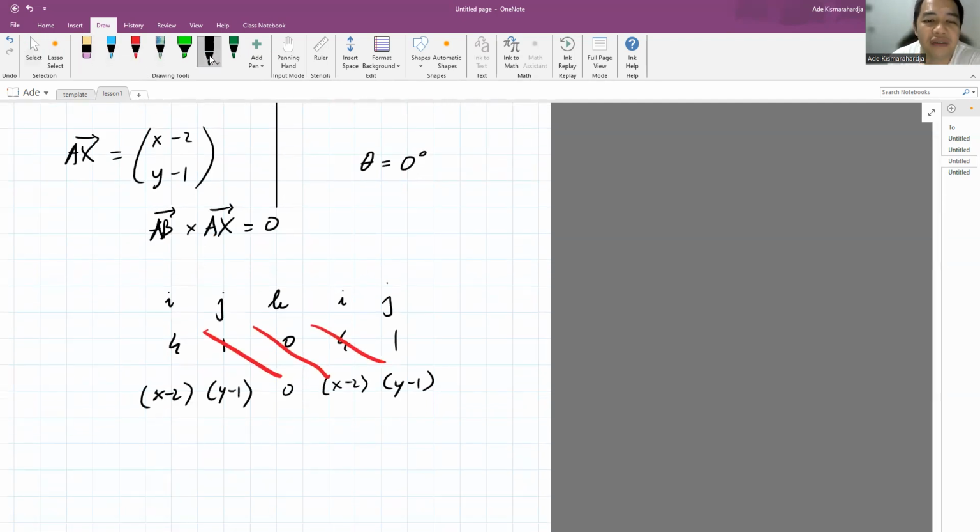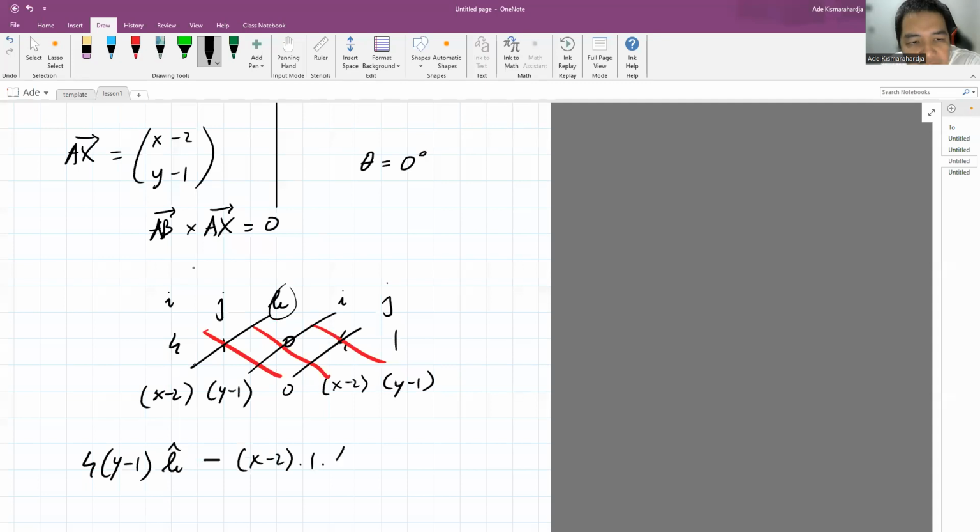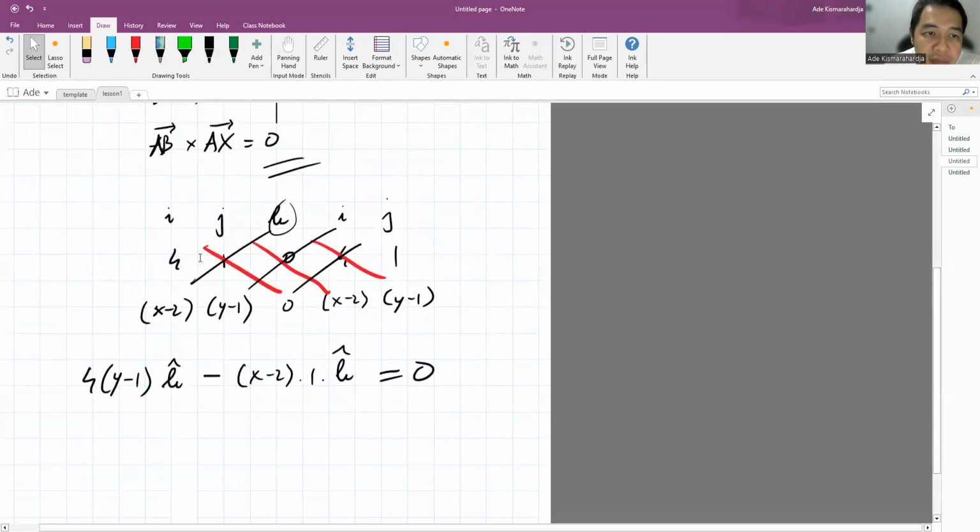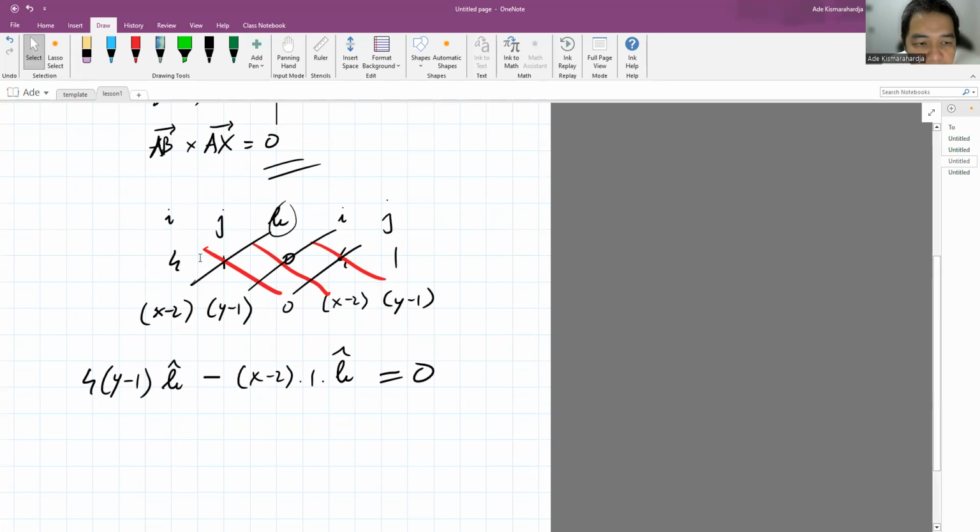So what we have is 4 times y minus 1, and then we subtract this diagonal. We have a unit vector K here. So now we minus x minus 2 times 1, K also, and the others are 0. This is equal to 0, remember, because they are pointing in the same direction, or the angle is simply 0 degrees.